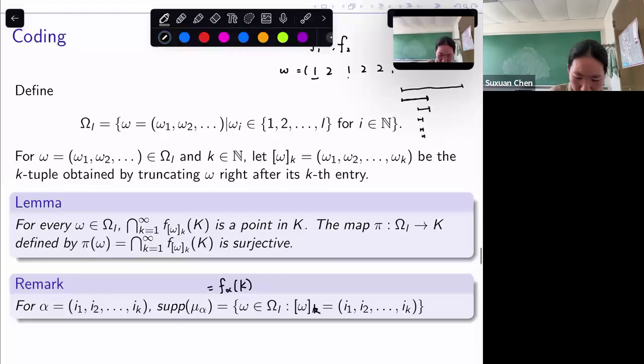As an example, the support of mu alpha omega 5 should be contained in this interval.